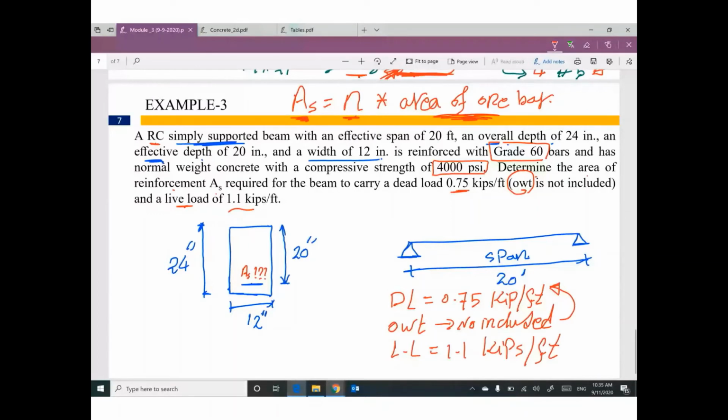This problem is very important, and we need to figure something out. What do you need to figure out?